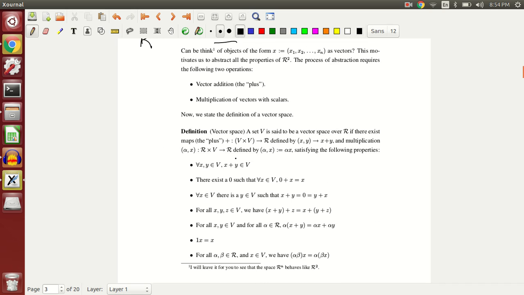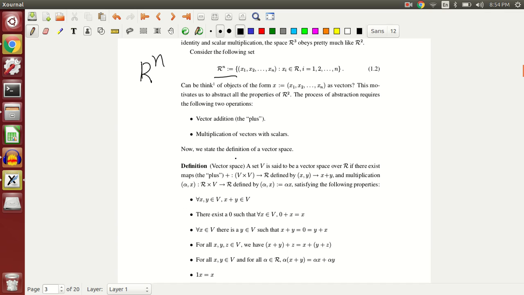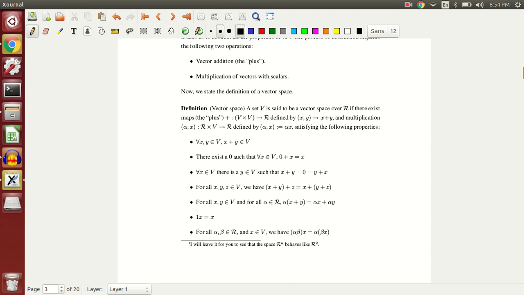Having seen the general abstraction for Rn, now we're in a position to define what a vector space is. So the definition is right here. I should be a little careful as to how I go about doing this.